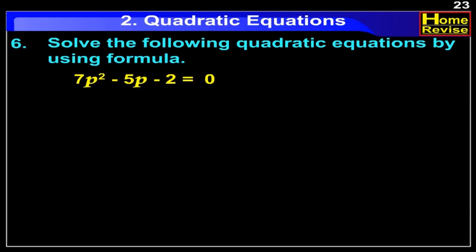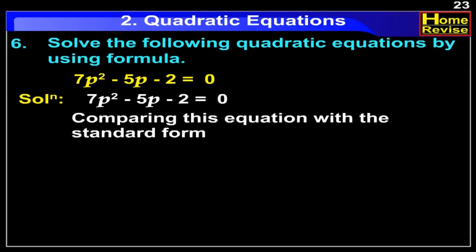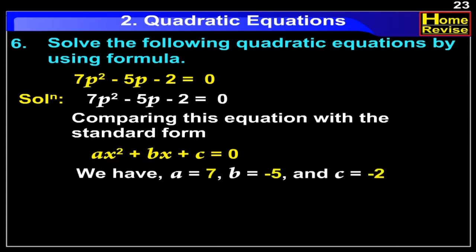7p² - 5p - 2 = 0. Solution. The given quadratic equation is 7p² - 5p - 2 = 0. Comparing this equation with the standard form ax² + bx + c = 0, we have a = 7, b = -5, and c = -2.